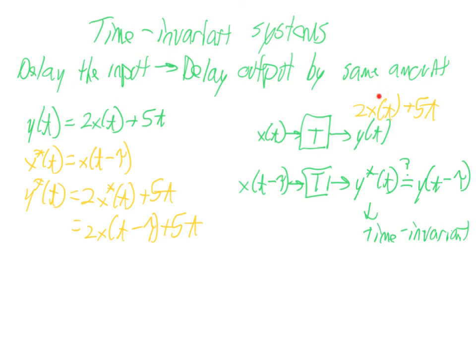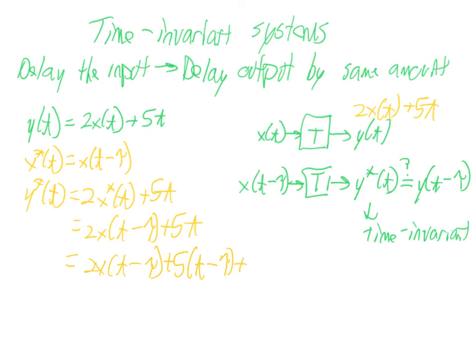So the x of t part, I already have delayed by tau, but in order to write in this time-delayed version, I would also want to have a copy of this 5t term delayed by tau. So the delayed version of that would be 5t minus tau.